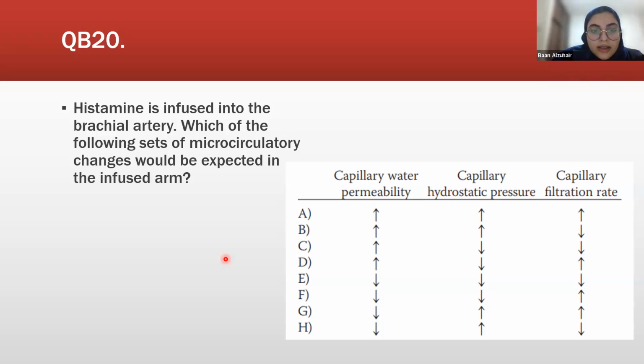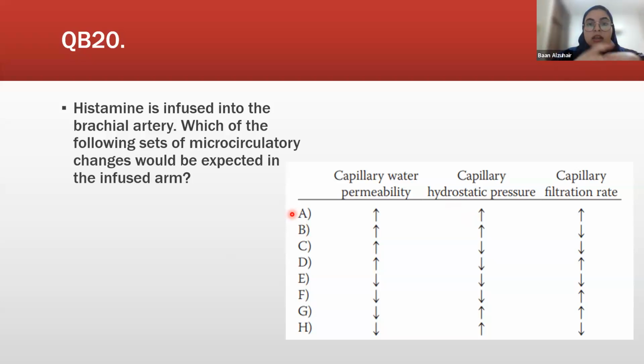So any answer that doesn't have an arrow pointing up in the capillary water permeability column is out. So E, F, G, and H are all out. Okay, so Munib, you are right. It is A. So let me re-explain. Endothelial cells, vasodilation, increased capillary water permeability, more leakage.